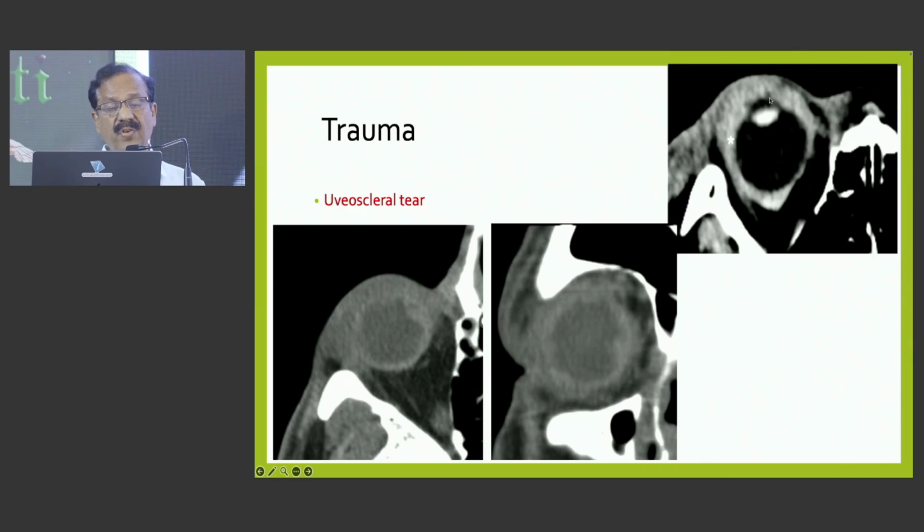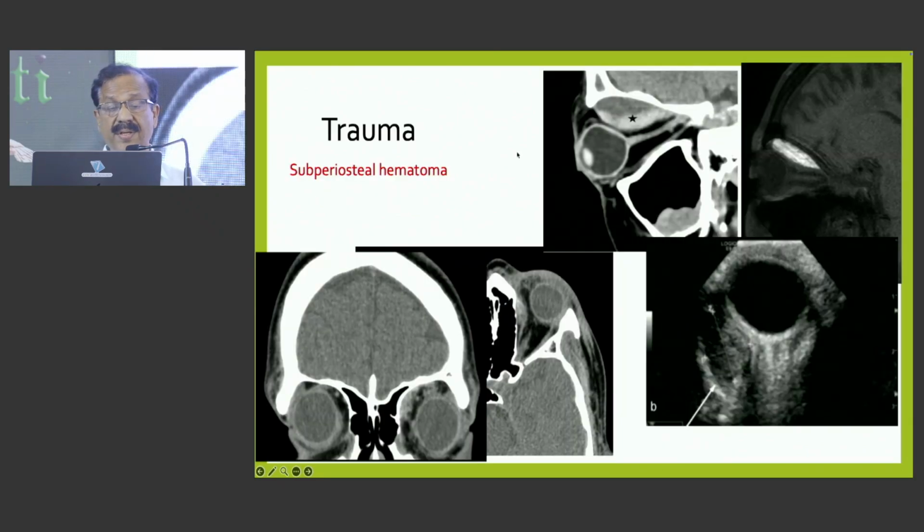This is a case of uveoscleral tear. You can see the tear here in the CT scan, and the episcleral space is thickened and the hematoma is seen. Subperiosteal hematoma is a lentiform collection of blood in between the periosteum and the bone. These are coronal sections, and we can see the old hematoma here and a fresh bleed very near, a second bleed.